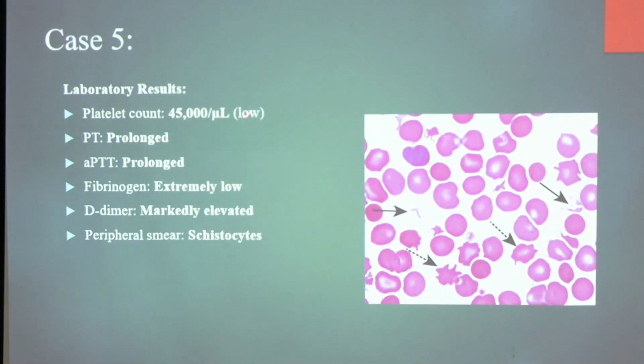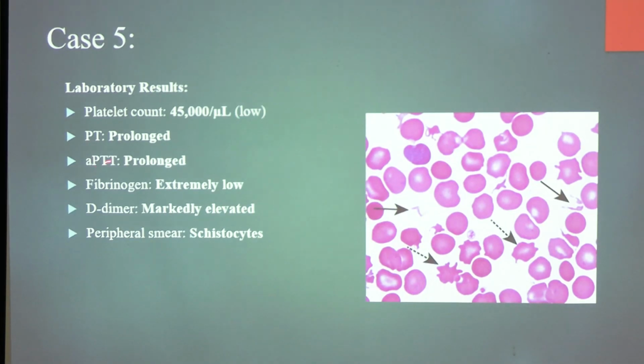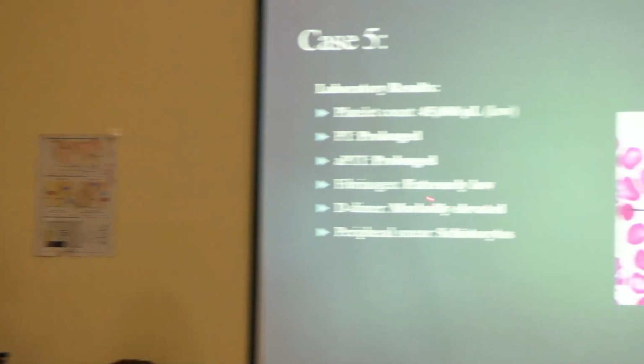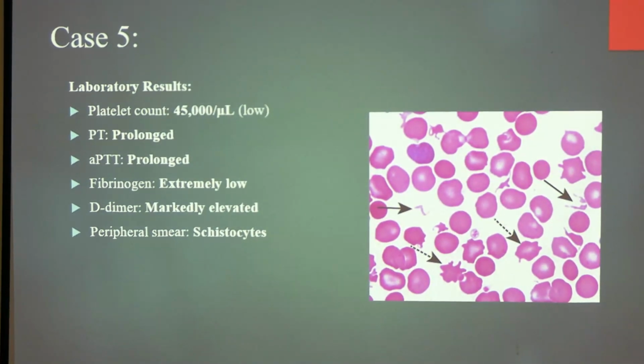So these are the laboratory findings. Platelet count again decreased here. Then PT, prothrombin time, prolonged, then aPTT prolonged, then fibrinogen is low, then D dimer is elevated, and on peripheral smear you will see schistocytes. So what does fibrinogen do? Fibrinogen helps clotting. In this patient its level is low, so the clotting will prolong, it won't stop.